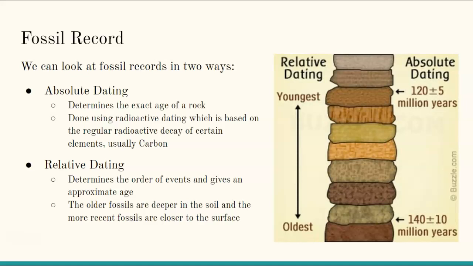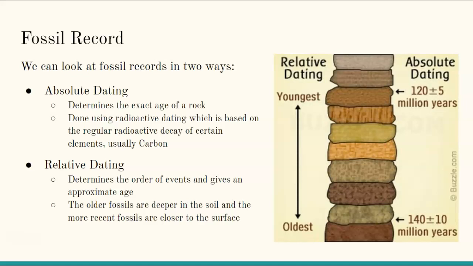And you kind of just work backwards to determine when that fossil died, basically, because they would have had their full element, right? The full carbon when they were alive, but then as time goes on, they go through half-life after half-life, and basically it's exactly what it sounds like.